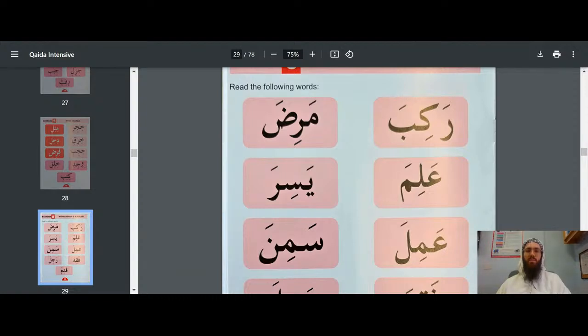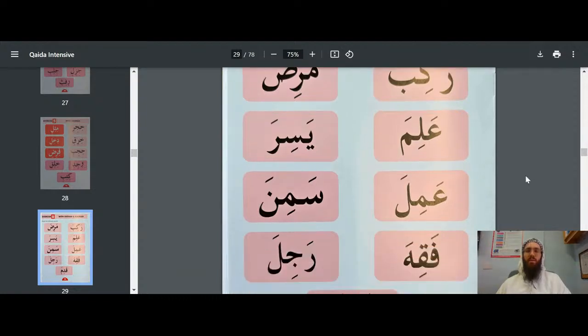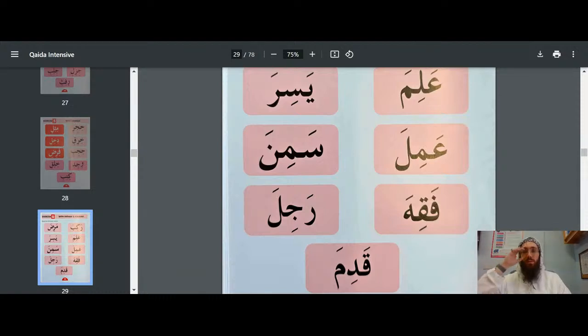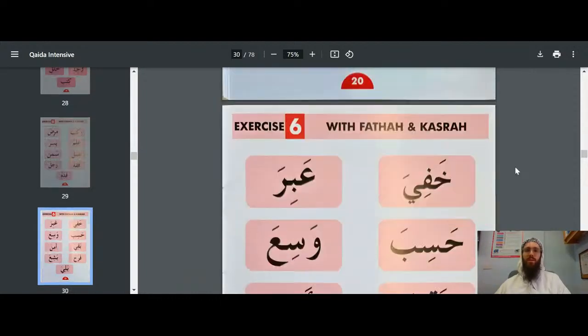Yasira. And you're just sounding out the words, looking at one letter and its vowel, looking at the next letter and its vowel, looking at the last letter or the third letter and its vowel. And that is how you will read every single word. And with practice, you'll start doing it faster and recognizing the words and hearing how they sound.